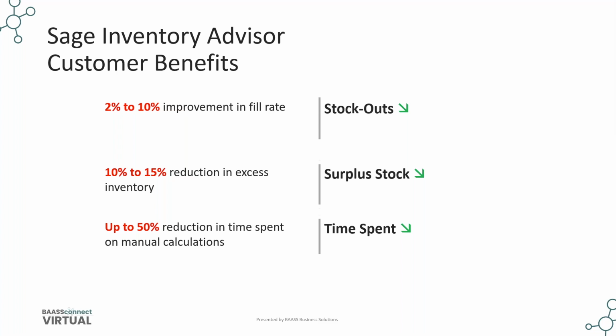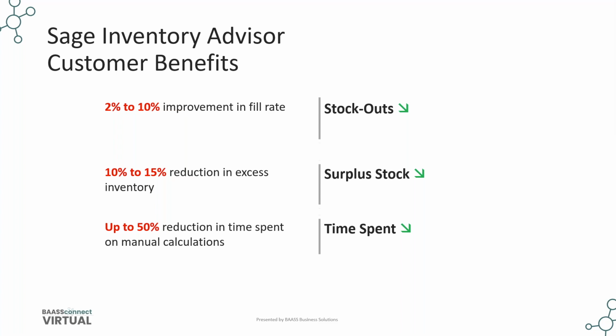And if you can do that, again, driving down stockouts will help improve customer service and sales. Eliminating excess inventory will free up that working capital. And if I can focus my time where it does the most good, paying attention to problems, I will use my time in a much better manner.